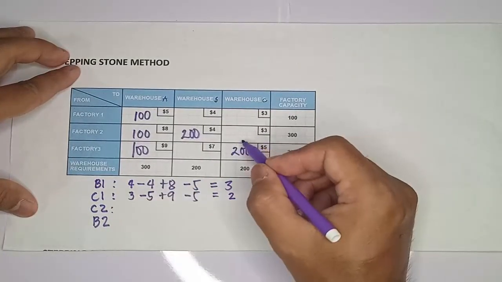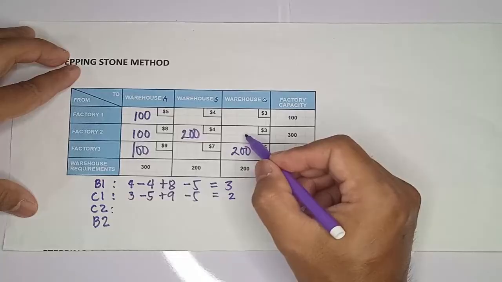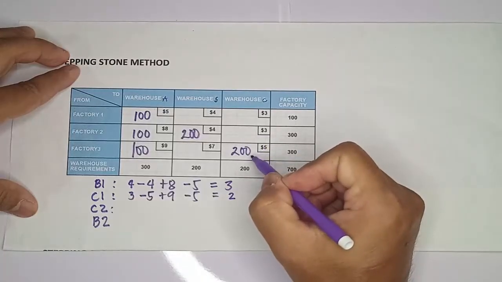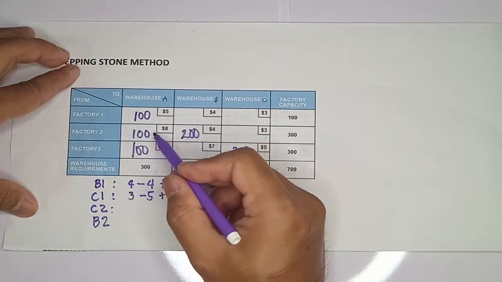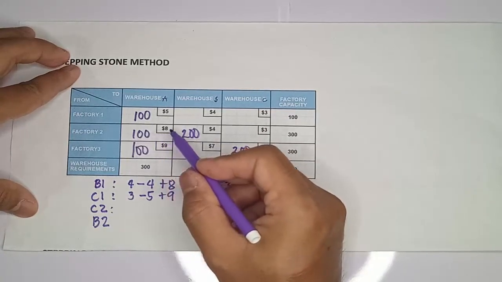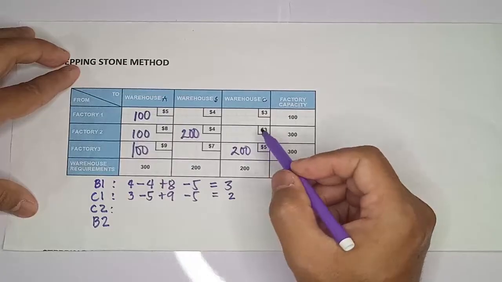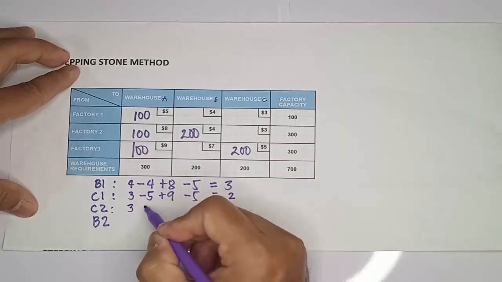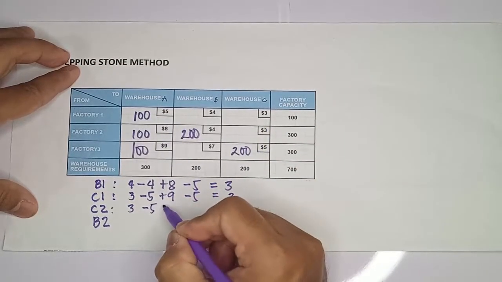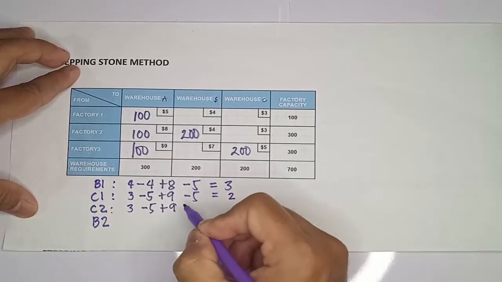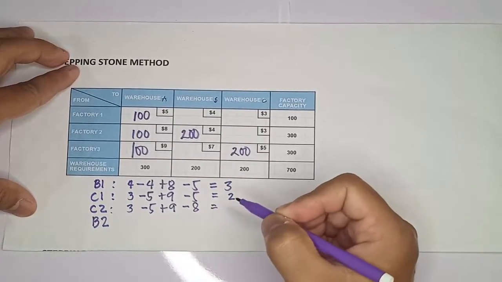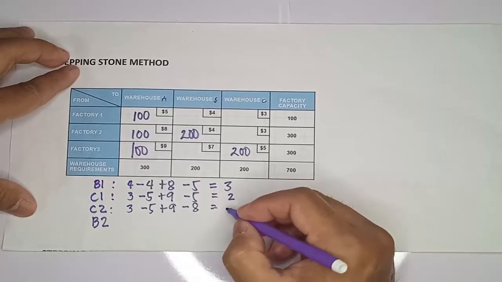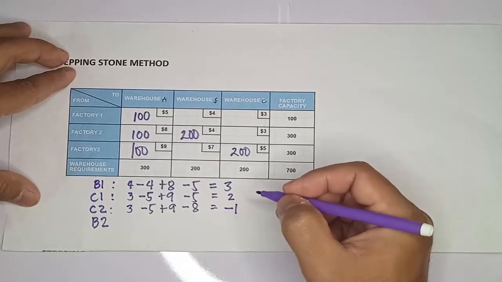On C2, the closed path is on C2 going to C3, going to A3, and going to A2, going back to C2. So that's 3 minus 5 plus 9 minus 8. This is equal to negative 1.